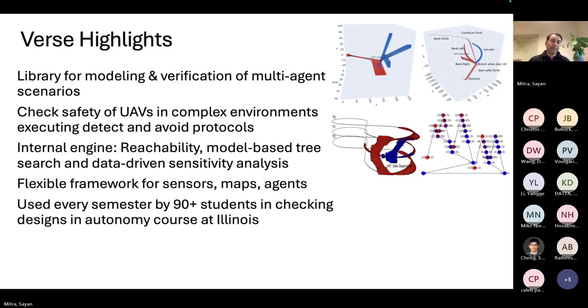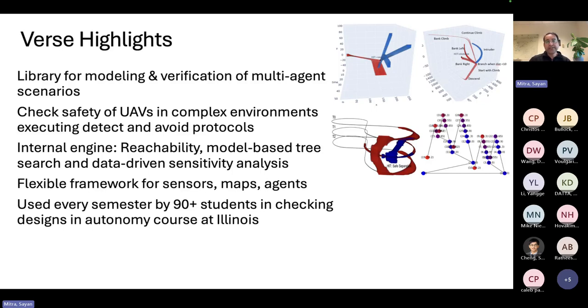And so we have been developing Verse for the last 2+ years now, thanks to the support from the NASA ULI project. And we have been also deploying this tool in a course at Illinois. That has been an interesting experience all by itself.